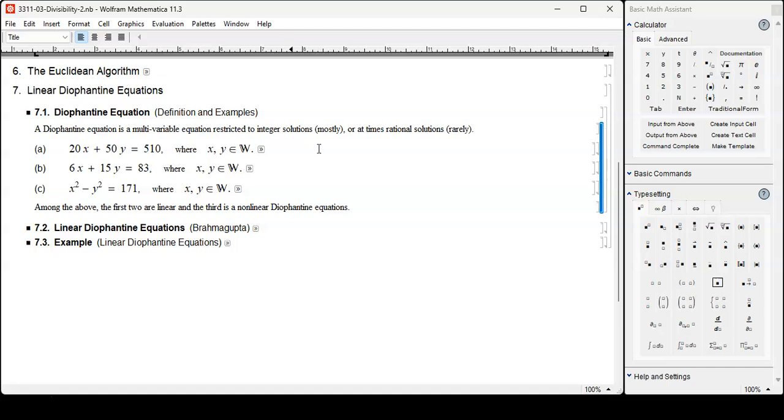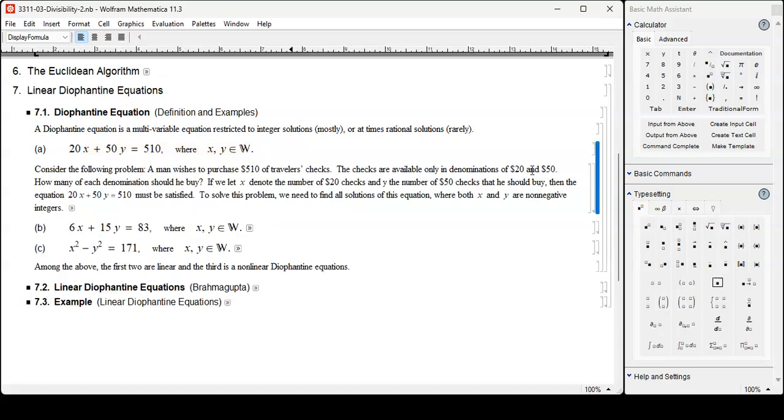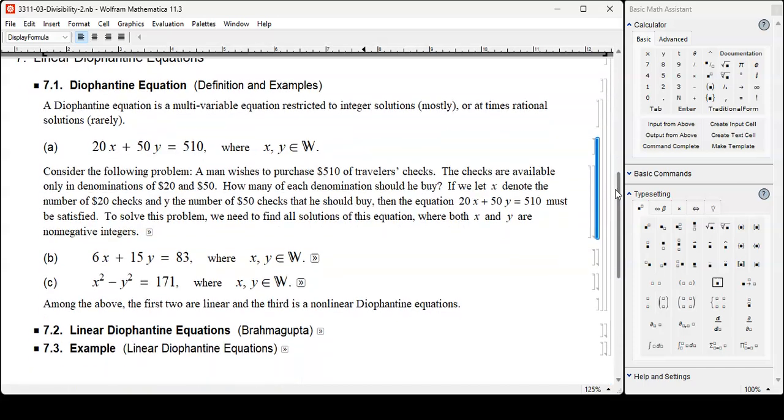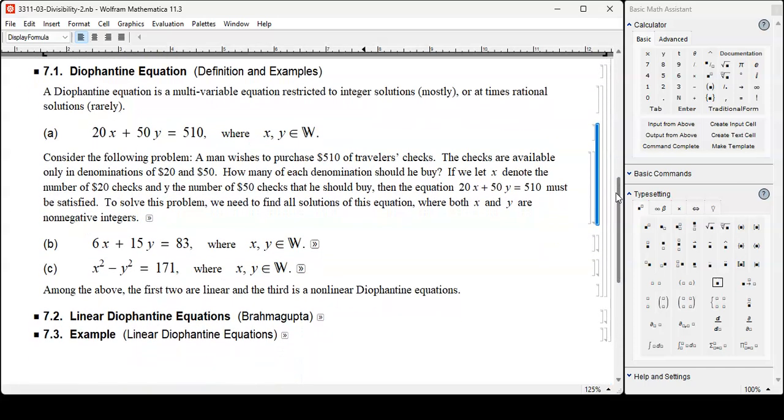Here are some examples I took from the textbook, or our old textbook, to tell the truth. Here's an example: 20x plus 50y is 510, where x and y are whole numbers. As a matter of fact, the precise language our textbook uses is like this. Stop the playback and read through the problem. So, some traveler's check problem with some dollars and cents.